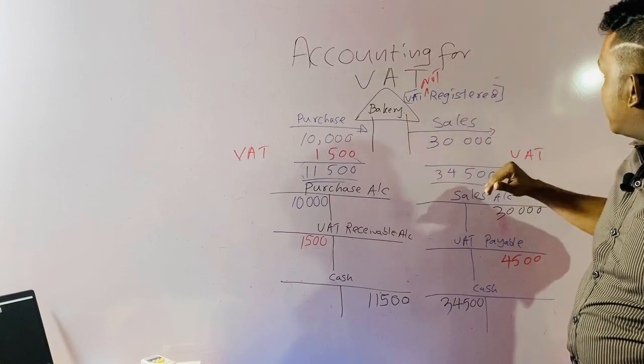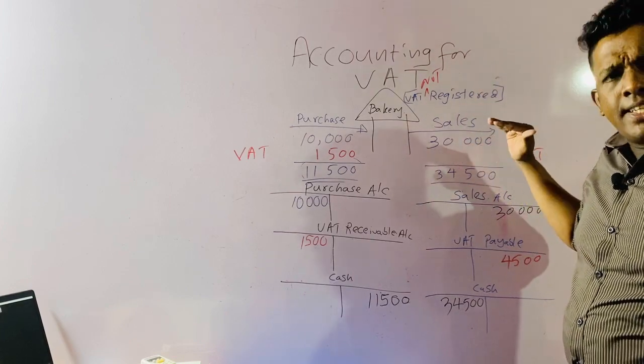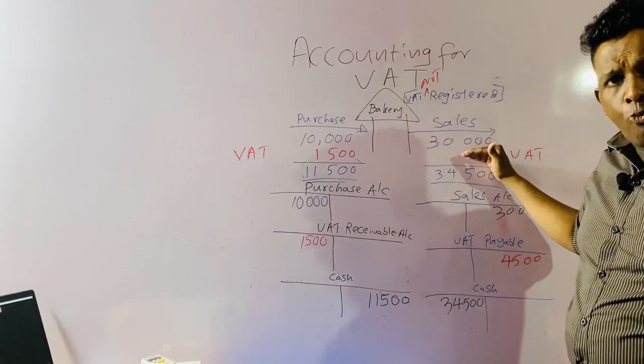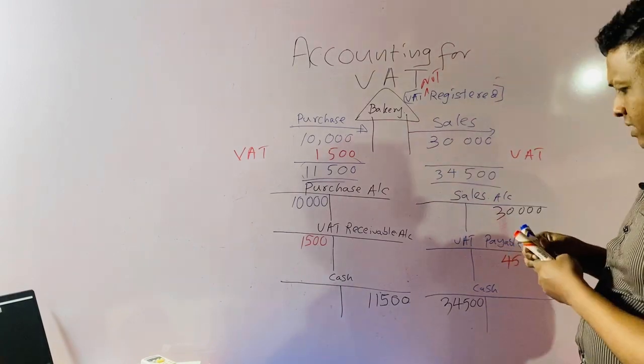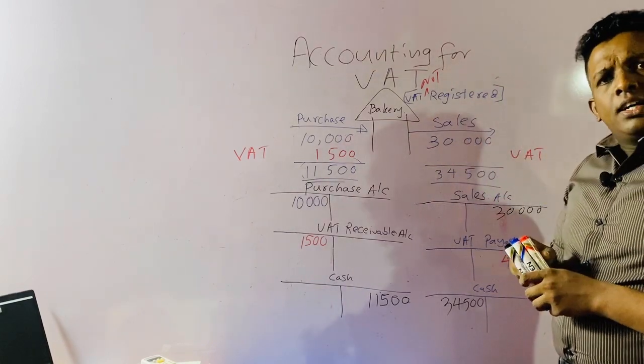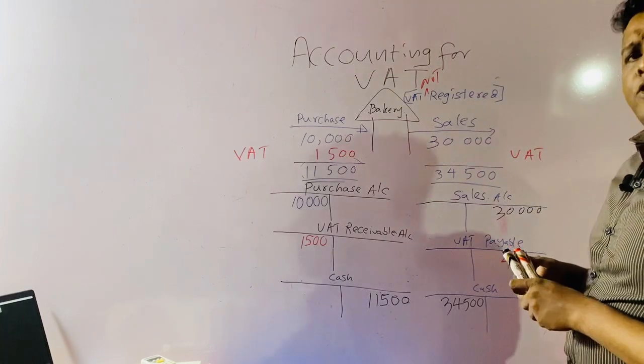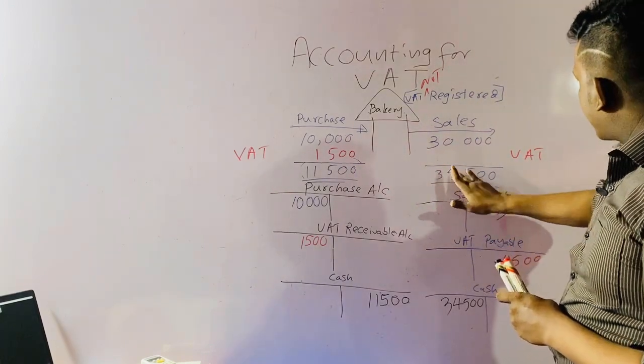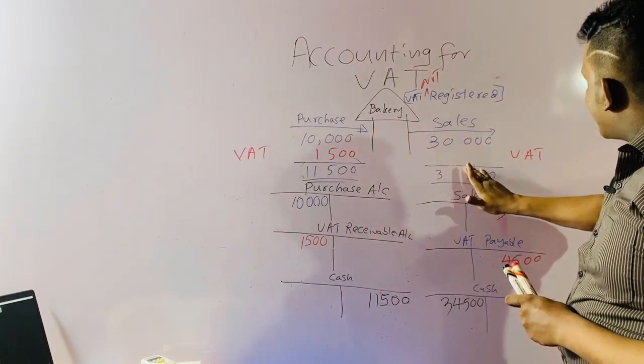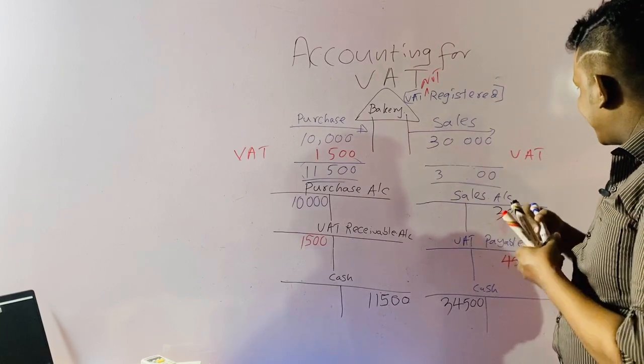The sales, whatever the sales is 30,000, we cannot charge the customer VAT. Simply we can sell it for 30,000, right? That's the invoice amount. Then the collection also will be 30,000 rupees.